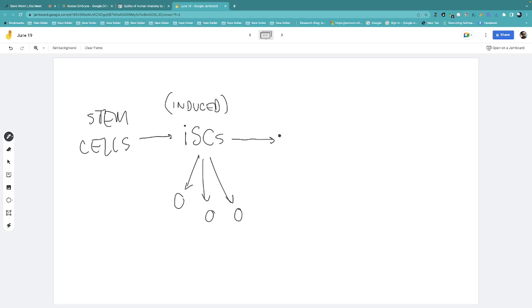Then we have these organoids, which we can use to study organ formation, but they don't necessarily give us a window into development. They just give us a window into this differentiated state.